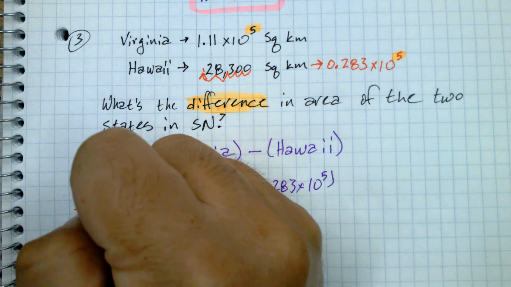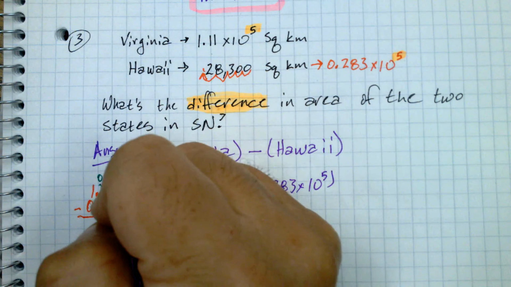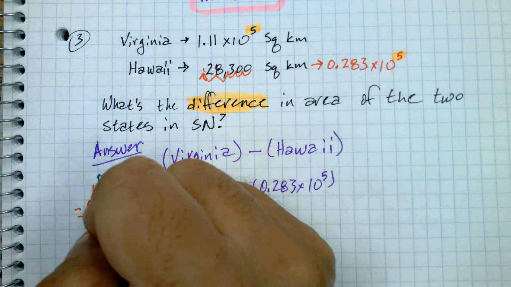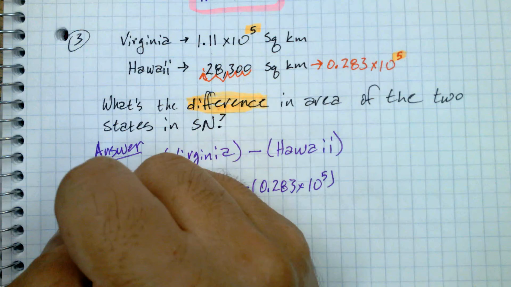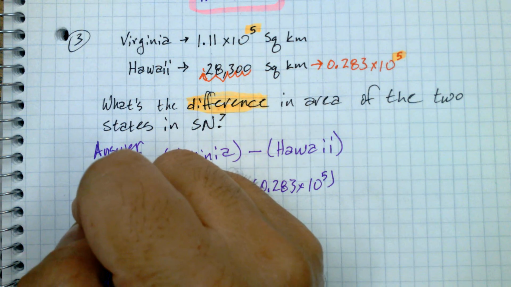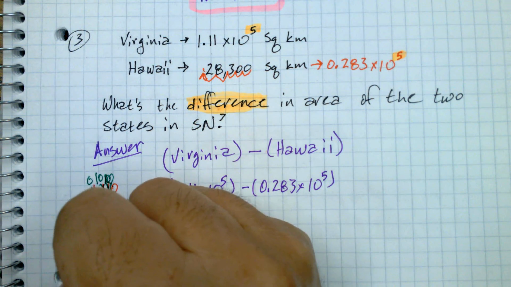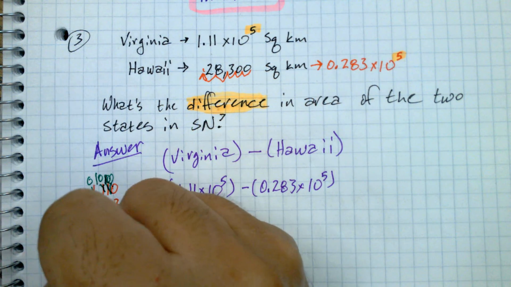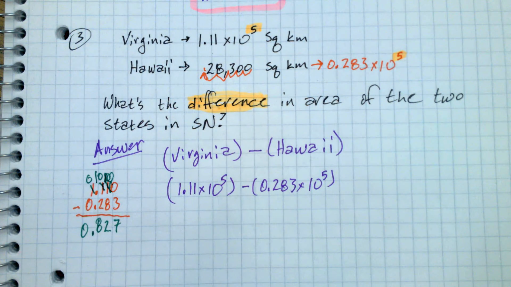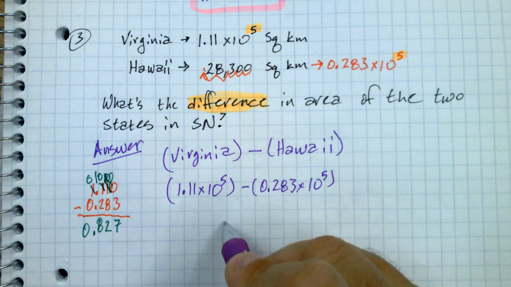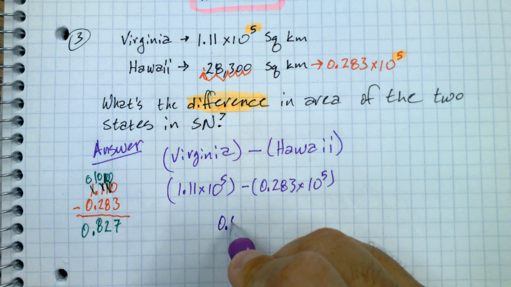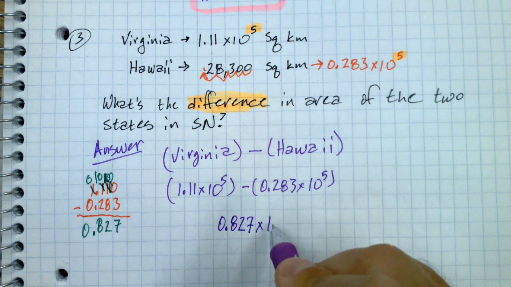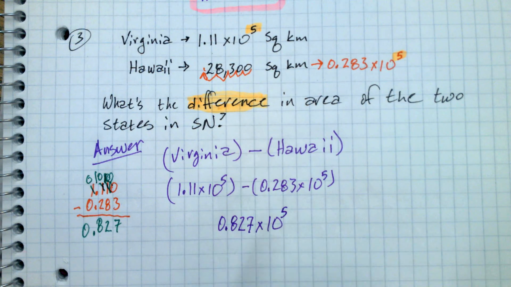Make that a 10. 10 take away 8 is 2. I got to borrow again. 10 take away 2 is 8. And 0 take away 0 is 0. So I get 0.827 times 10 to the 5th.